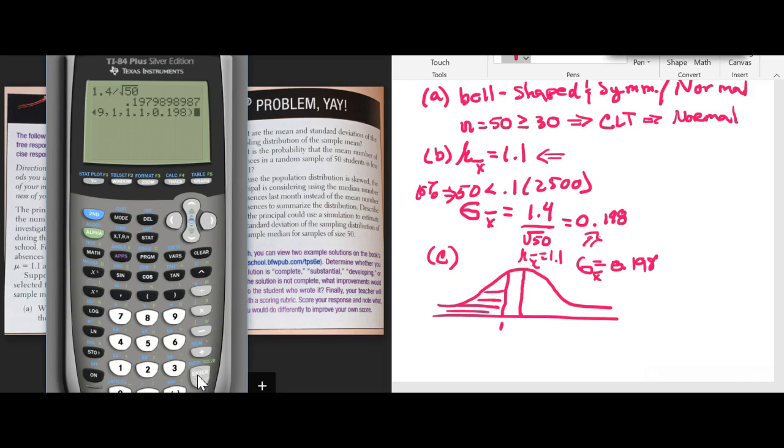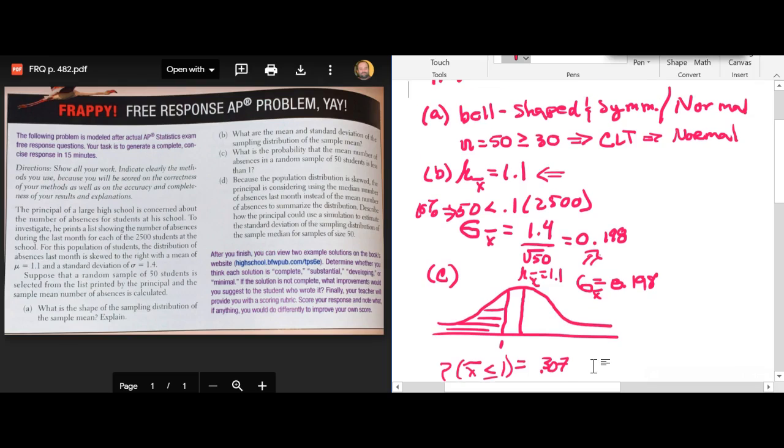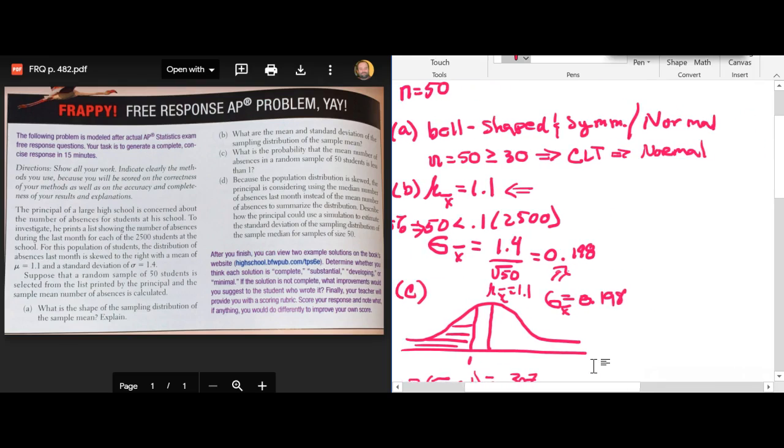I paste that, and that gives me that the probability that a sample mean would be less than or equal to 1 is approximately 0.0307. So around 3% chance of grabbing a sample where the mean of the sample is less than 1 absence per student for that month. That's like pretty good, I think. All right. So, not too bad.